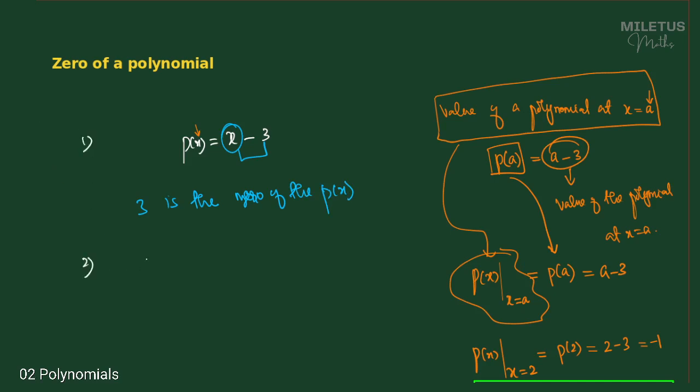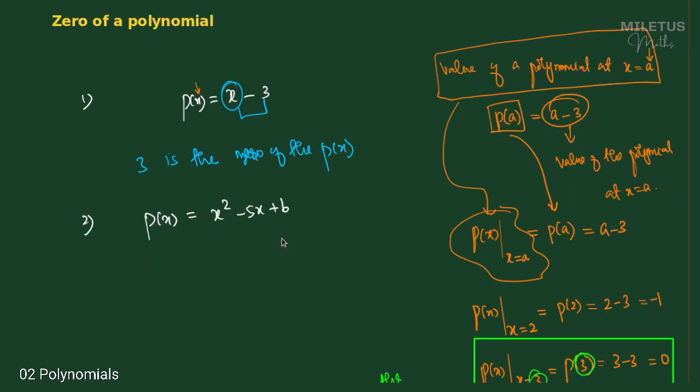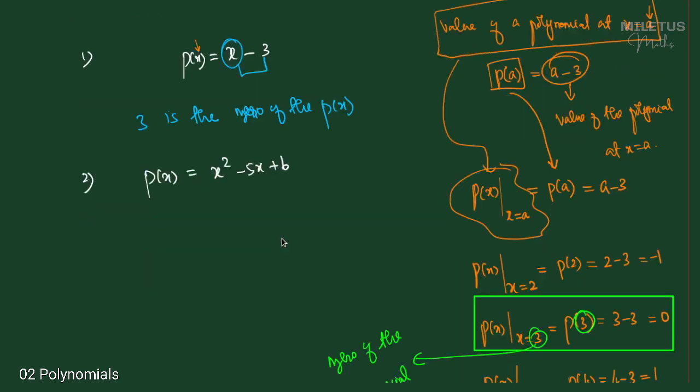Let's take another example. Suppose p of x equals x square minus 5x plus 6. At this point I'm not really asking you to solve this problem, but all I want you to verify is the value of the polynomial at x equal to 2. That is simply p of 2.